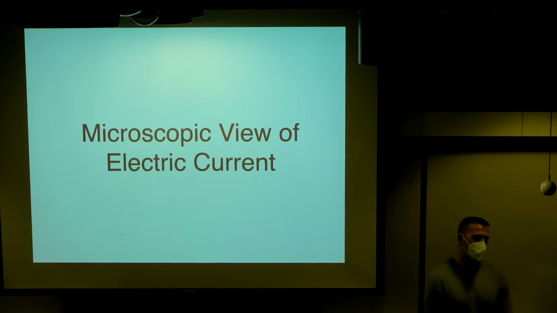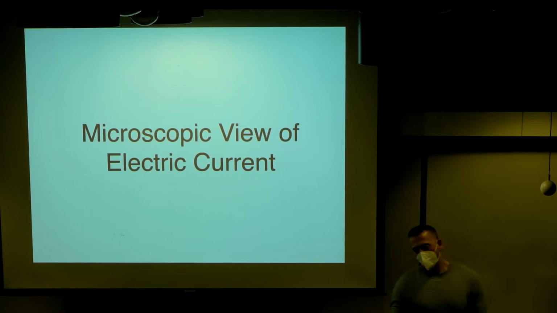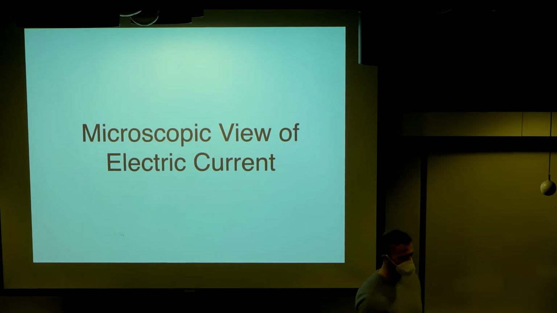But we haven't really talked much about what is the origin of these things. For example, what is resistance at the microscopic level? What's happening to individual moving electrons that causes electrical resistance, okay? And what does current look like when we look at it on a microscopic level? That's what we want to get at here today.